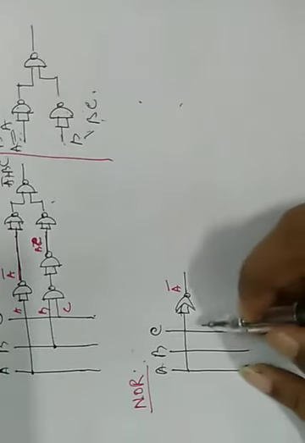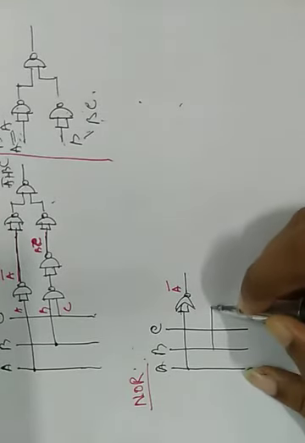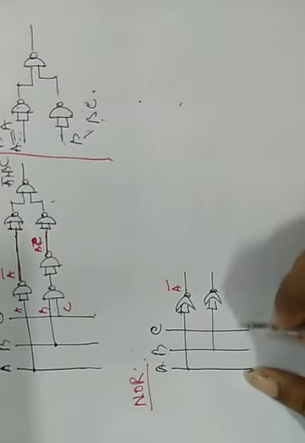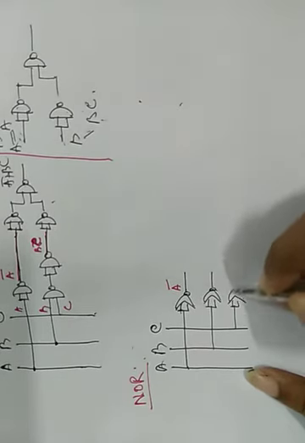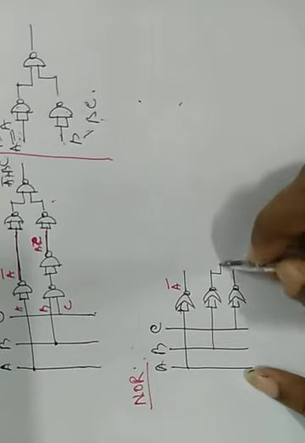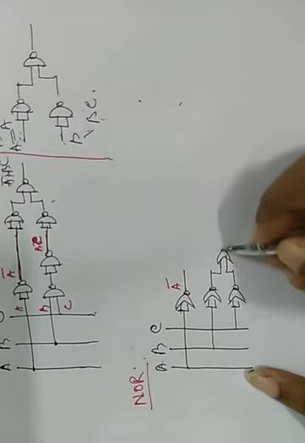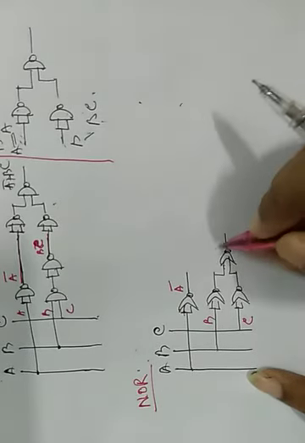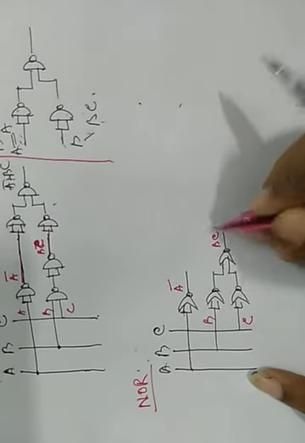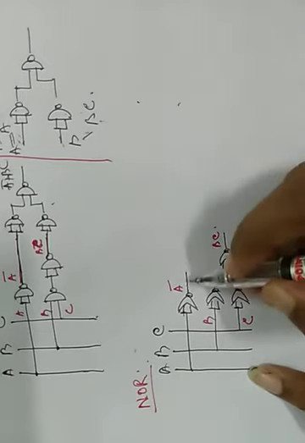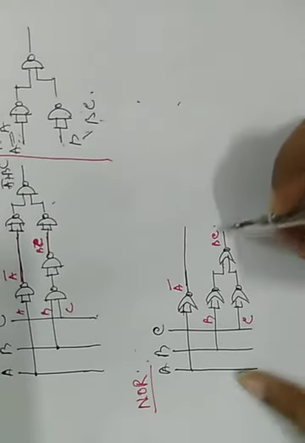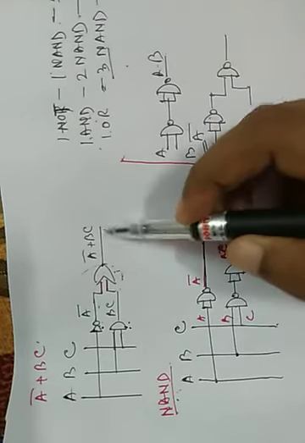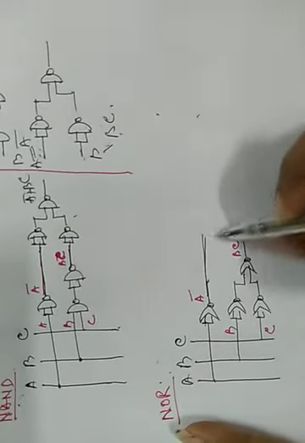So for B one NOT gate, for C one NOT gate, and for this one NOR gate. So its output will be BC. Clear?